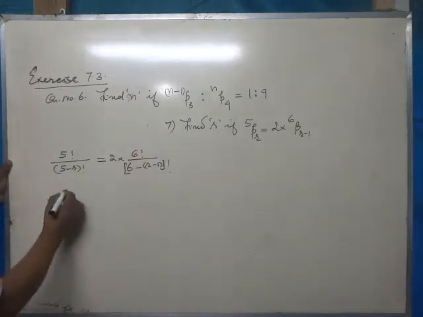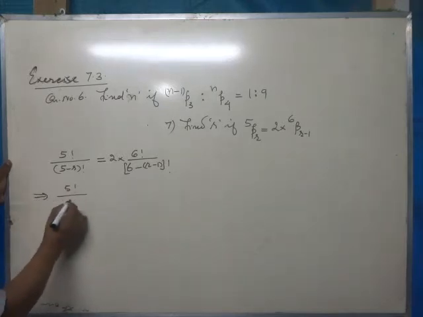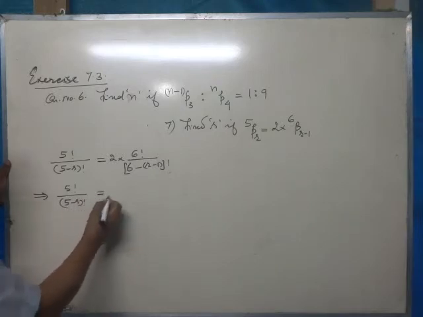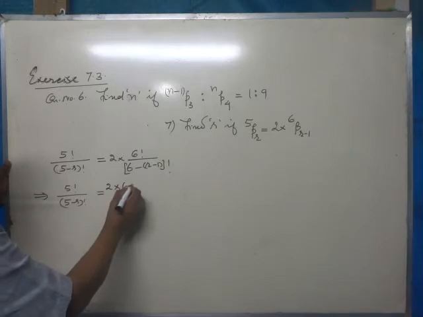Now this can be put as 5!/(5−r)! equals 2 into 6 into 5!.